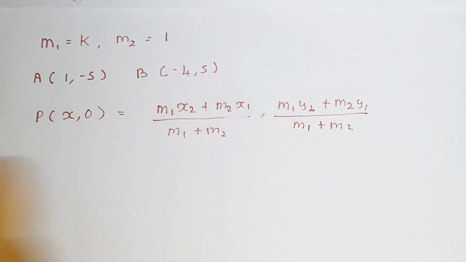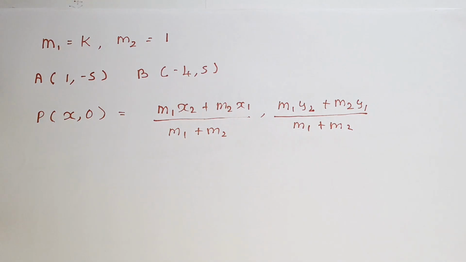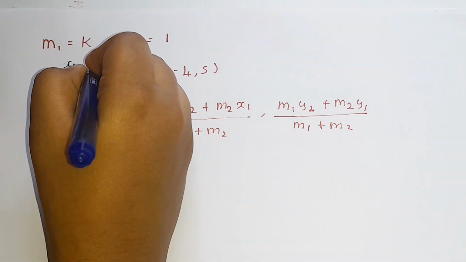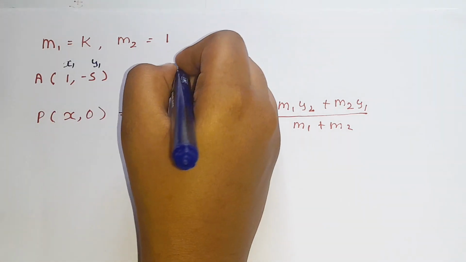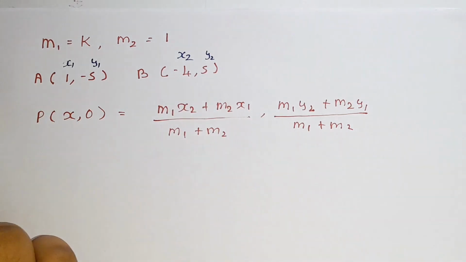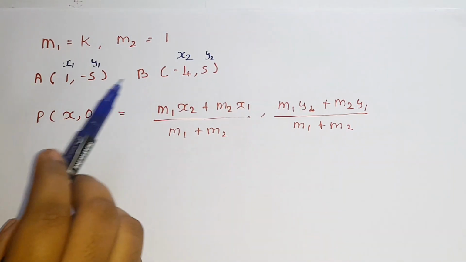So this is the section formula. Here we should know the x1 value and so on, so I'm going to take this as x1 and this one as y1, and this one as x2 and this one as y2. That is the reason we have 2 values over here.